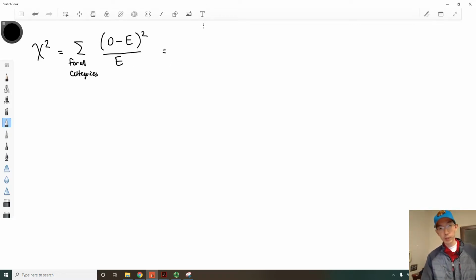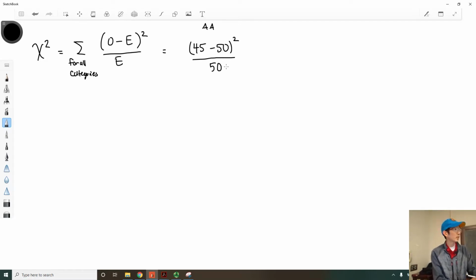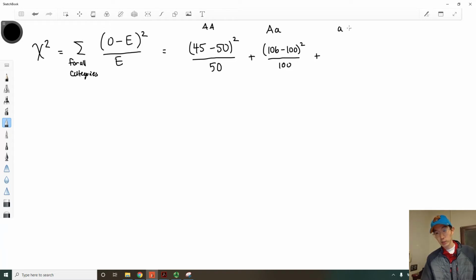So I do it for big A, and I observed 45, I expected 50. I square that number and I divide by what I expected, 50. I'm going to do this for all of my categories, and I've got 3 of them. Big A, little a, I observed 106, I expected 100. I square that and I divide by 100. And then I do it for the last one.